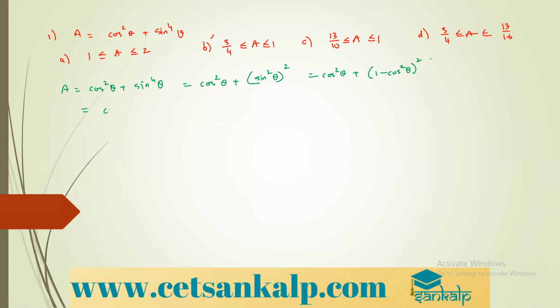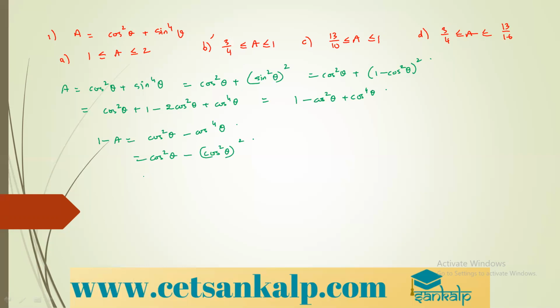This I can write as cos square theta plus 1 minus 2 cos square theta plus cos power 4 theta, which we can simplify to 1 minus cos square theta plus cos power 4 theta. So we can write 1 minus A as cos square theta minus cos power 4 theta, that is cos square theta minus cos square theta whole square.